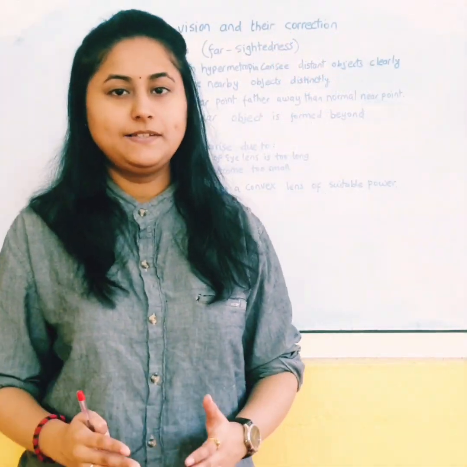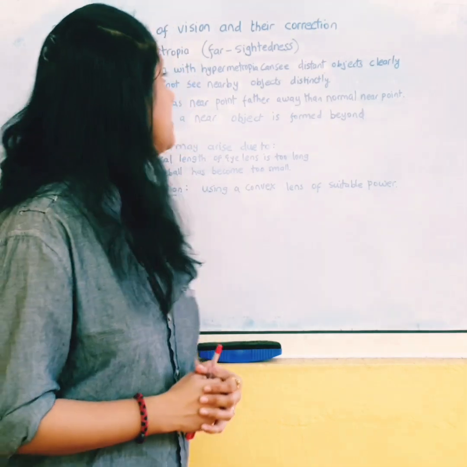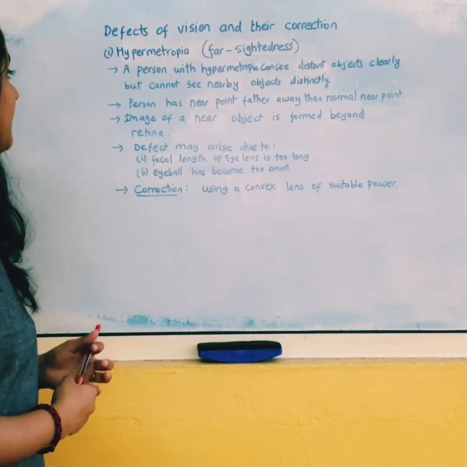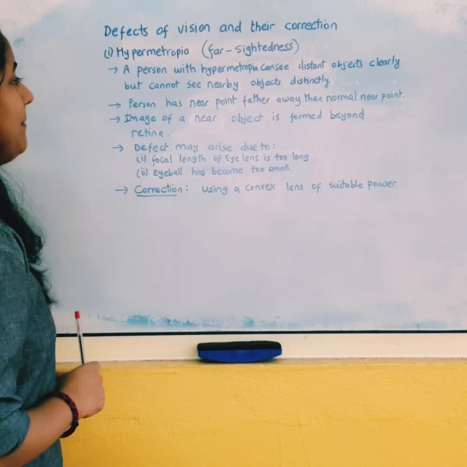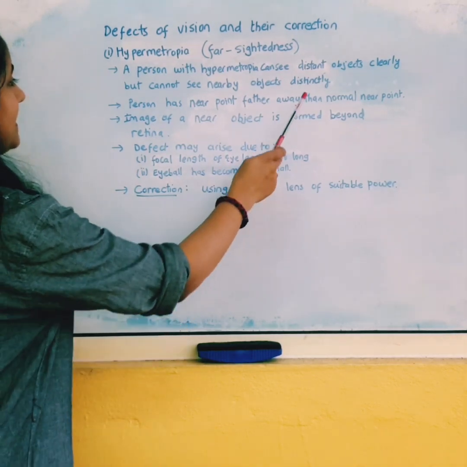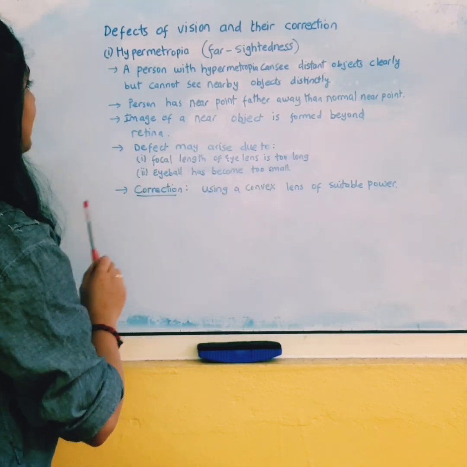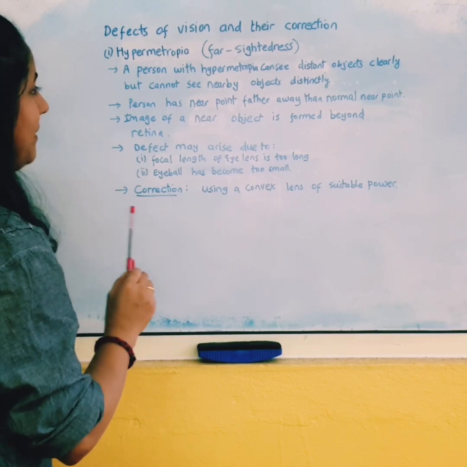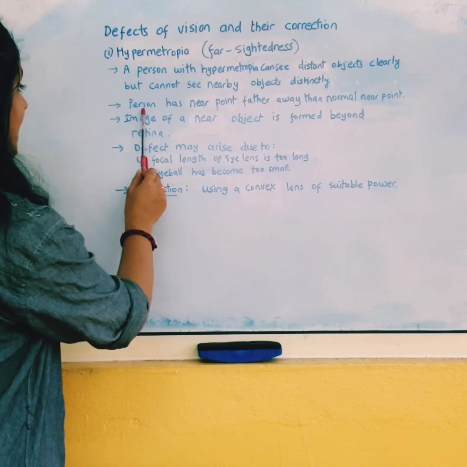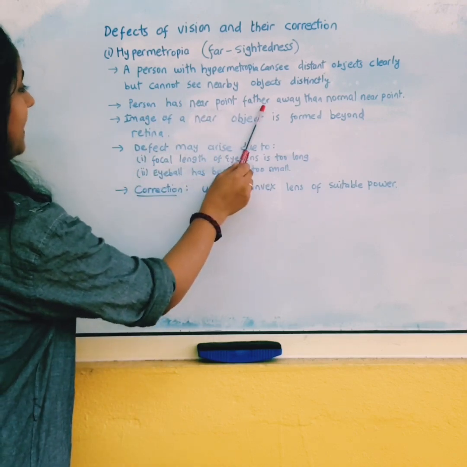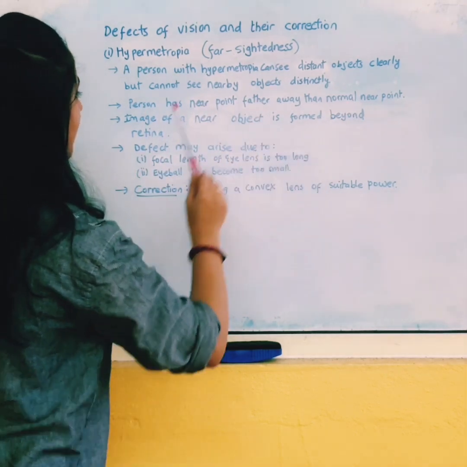Now let's understand the second type of defect, which is known as hypermetropia, also known as far-sightedness. A person with hypermetropia can see distant objects clearly, but cannot see nearby objects distinctly. The person has a near point further away than the normal near point.